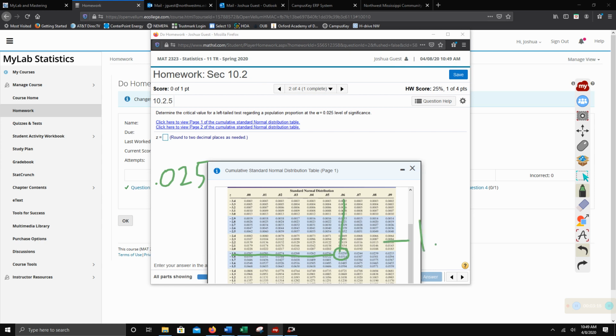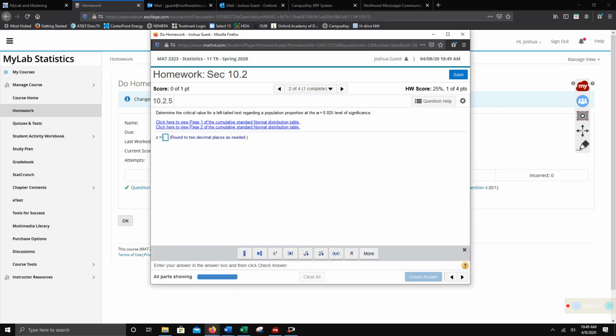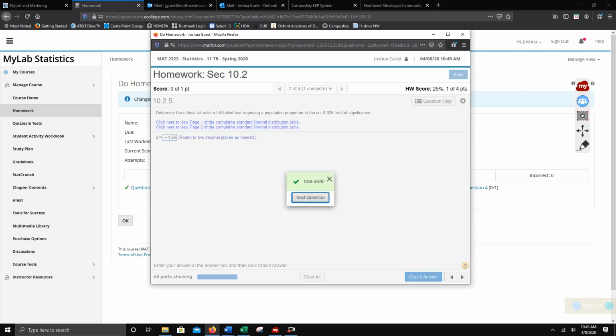So negative 1.96, okay? That's the z-score, negative 1.96 for that one. So we had to find the value 0.025 on my table, and then we had to go to the left to get the whole number and the first decimal for the z-score, and then to the top to get the second decimal of the z-score. And remember, if you can't see the top, it starts at 0 and goes 1, 2, 3, 4, 5 all the way out to 9, so you can count your way across.